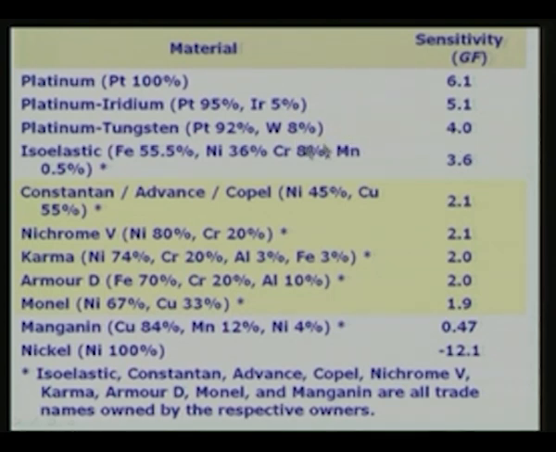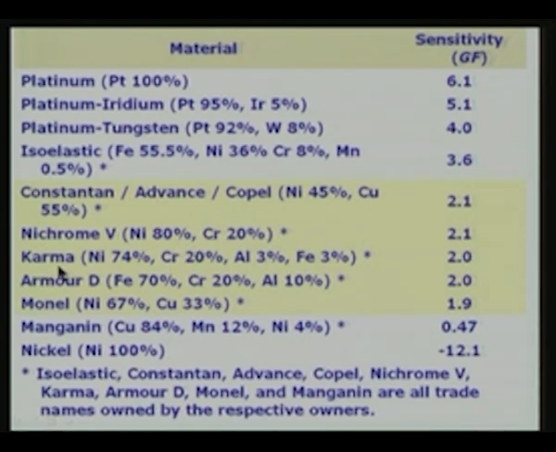And then you see here I have shown some with a yellow background. These are very common materials used in practice. Constantan is also given the name advance, some people call it copel. These are actually the names given by the manufacturers, and they consist essentially of nickel 45%, copper 55% alloy, and the gauge factor you see is very close to 2, 2.1 here. Nichrome, nickel 80%, chromium 20%, it is called nichrome V, 2.1 again.